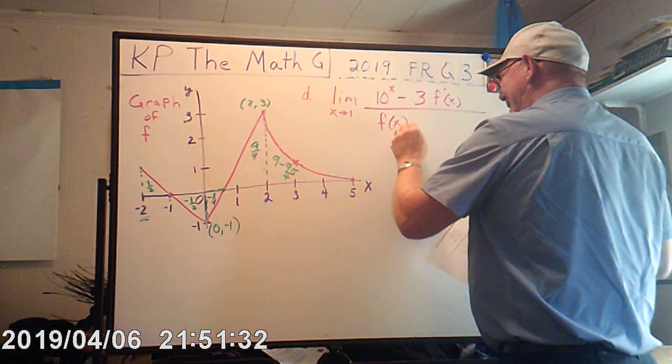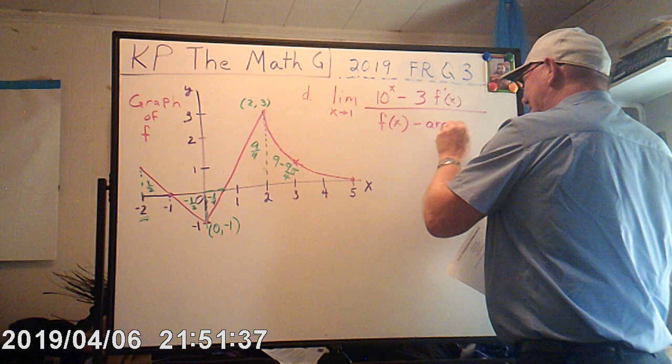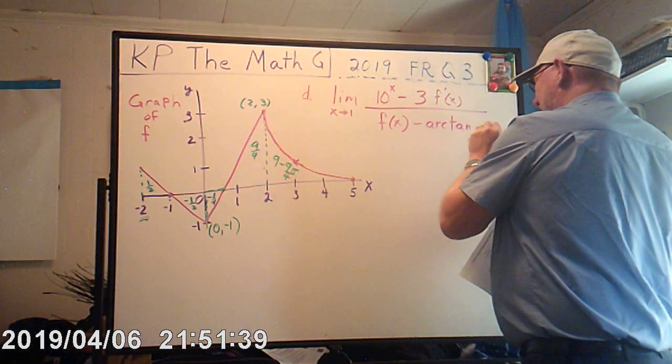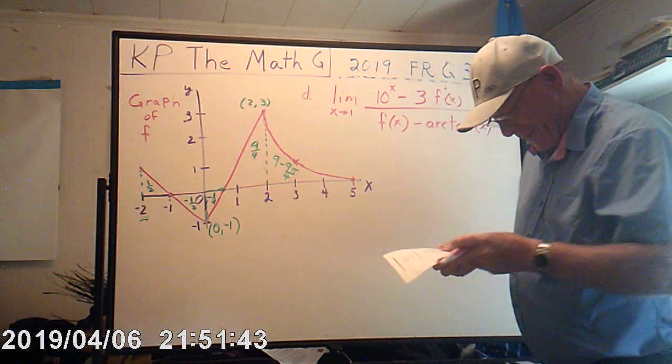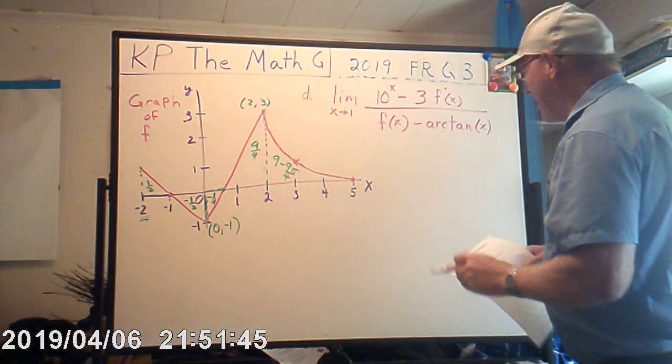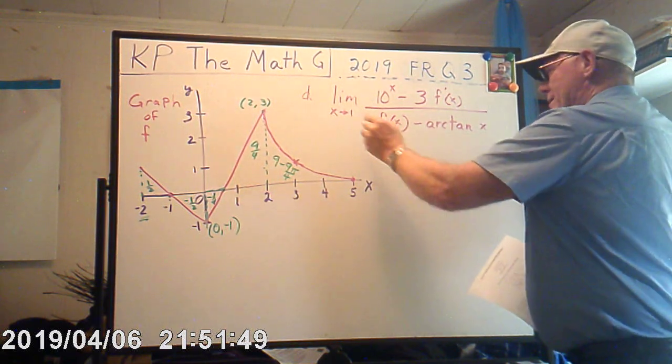Then they put over here arctangent of x. I don't even think they use parentheses around this. Alright, and so the limit is 1.